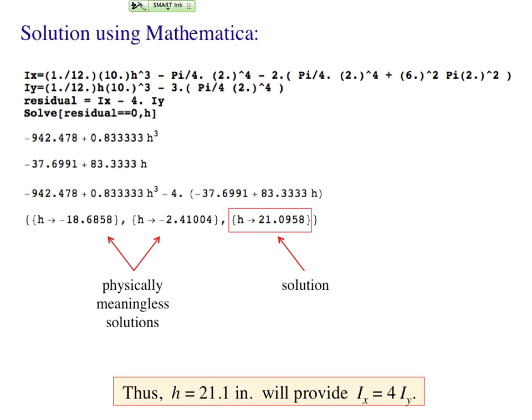Again, we need to be aware that there are many instances in physical science where governing equations yield more mathematical solutions than there are physical solutions, so we want to be sure to choose the appropriate value. Since there are more significant figures shown in this result, you may want to plug this number, 21.0958, back into the cubic equation to verify the residual is even closer to 0 than it is with 21.1 inches.